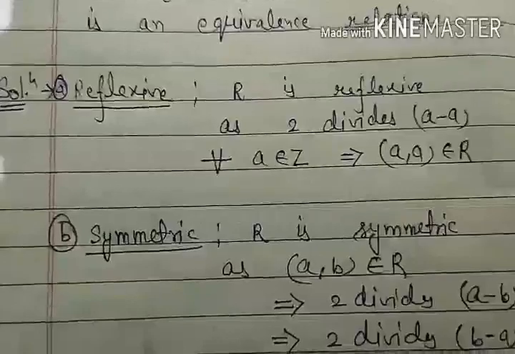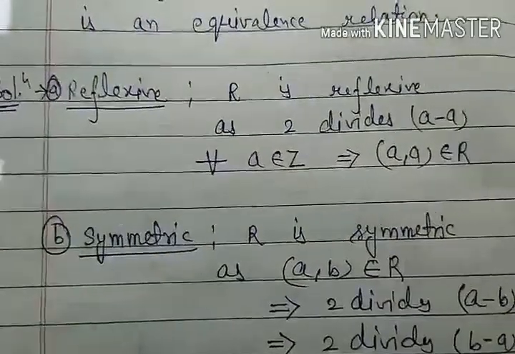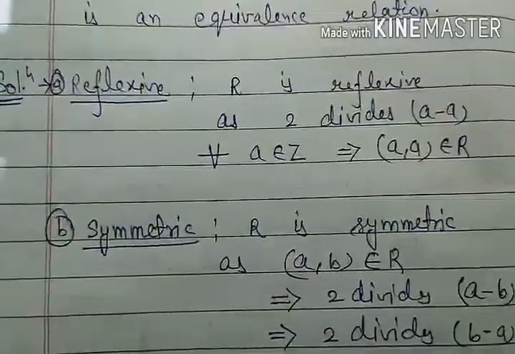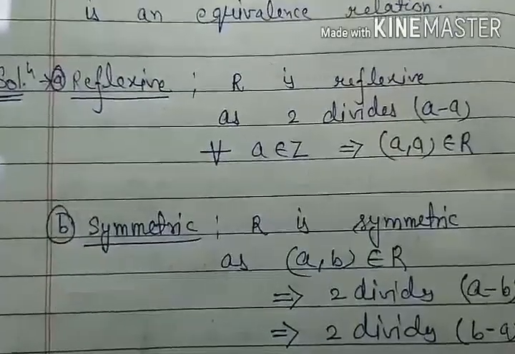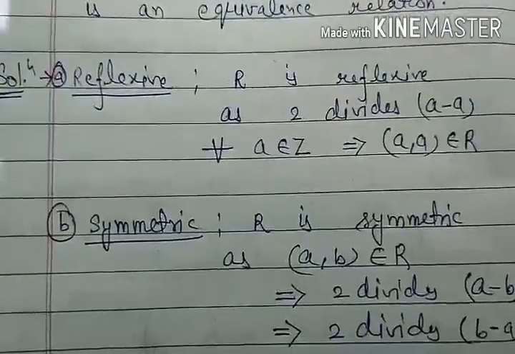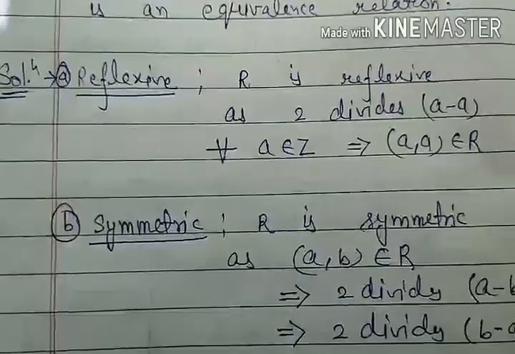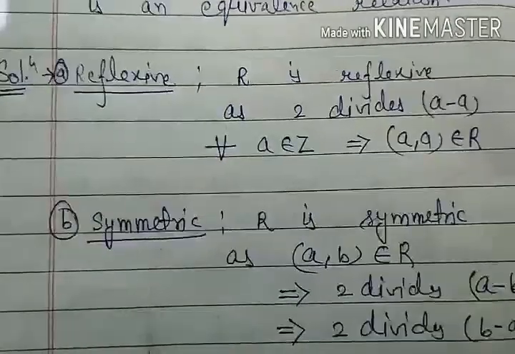Now see the solution. Reflexive: R is reflexive as 2 divides a − a. As you know, a − a is 0 and 2 can divide 0.